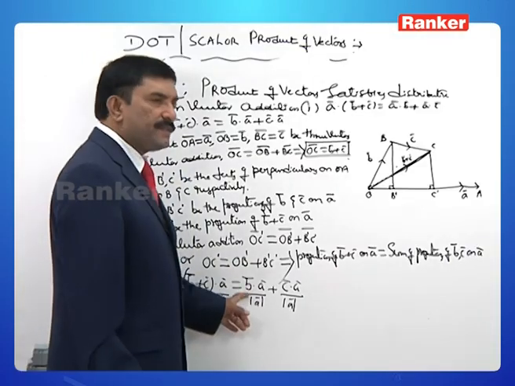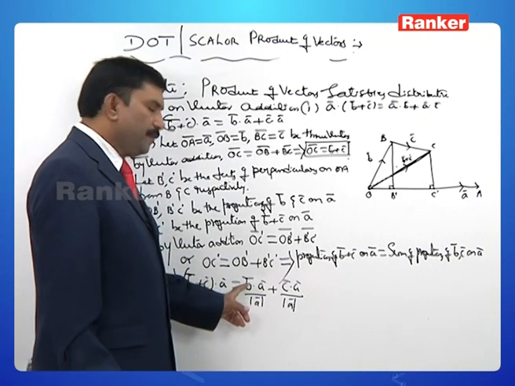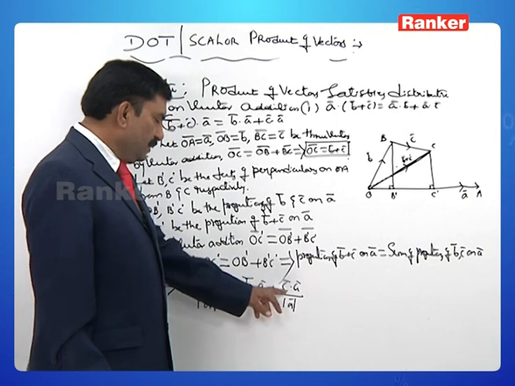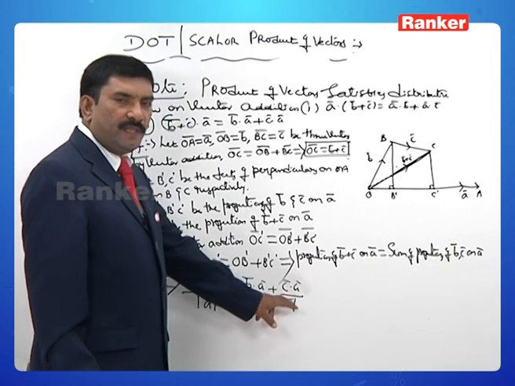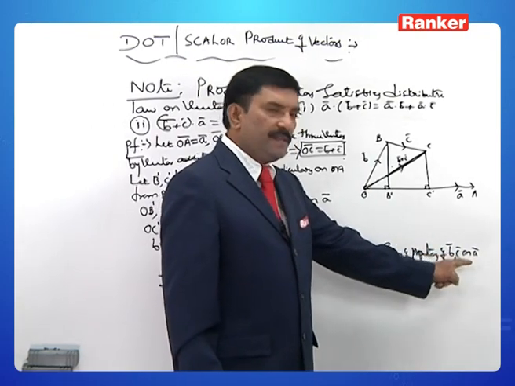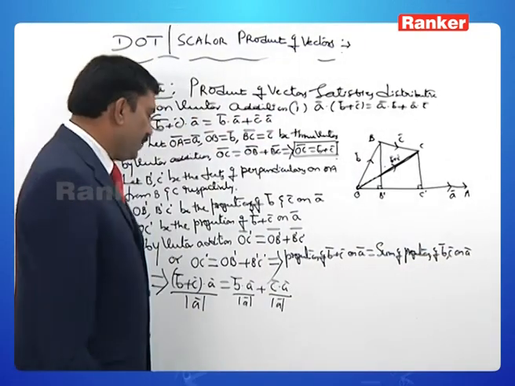This is the projection of B on A, and this is the projection of C on A, the sum of the projections of B bar and C bar on A bar.